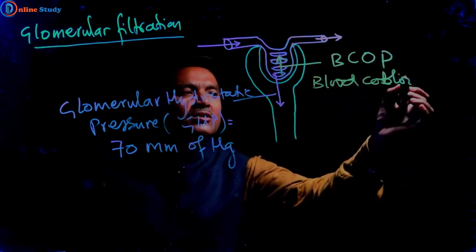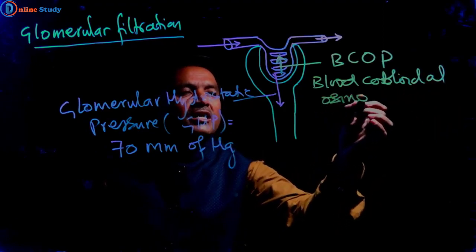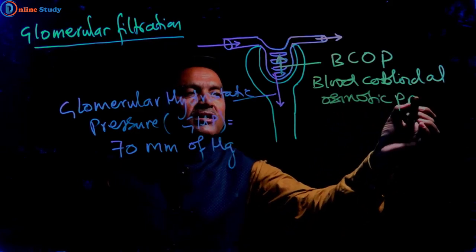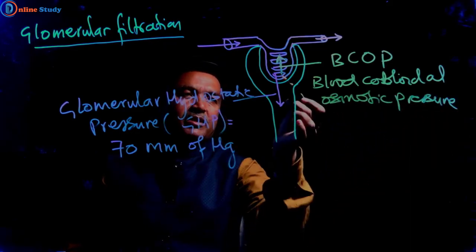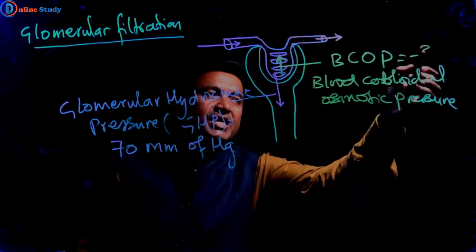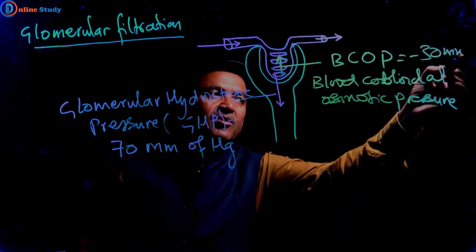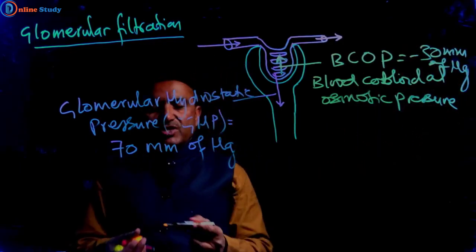This blood colloidal osmotic pressure is opposing in opposite direction. So this value is written as 30 mm of Hg.